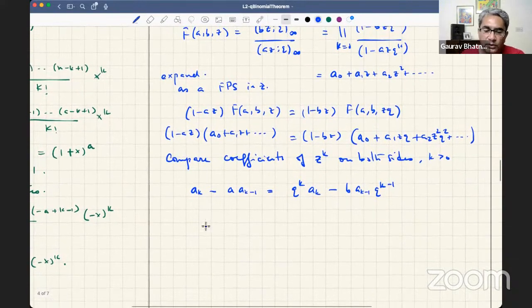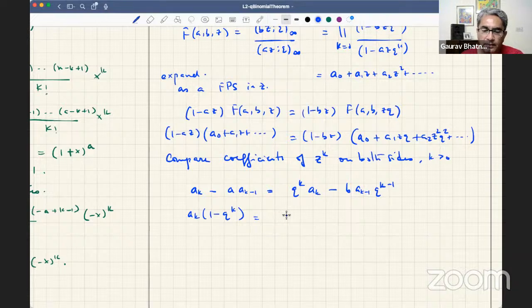So this will mean that a_k times 1 minus q to the k will be equal to a minus bq to the k minus 1 times a_(k-1), which is the same thing as a times 1 minus bq to the k minus 1 over a, times a_(k-1).